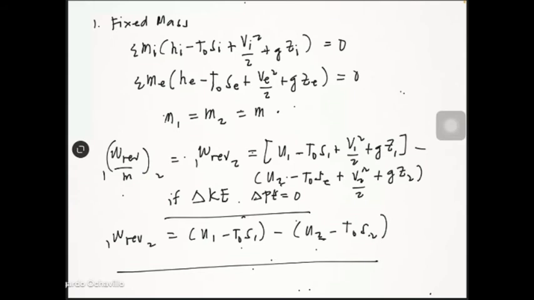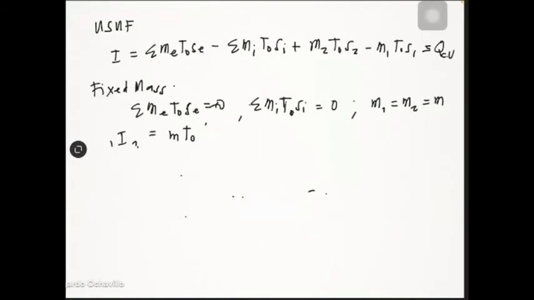So M TO, this is the S2 minus S1 minus Q from 1 to 2. Okay, that is for the fixed mass.